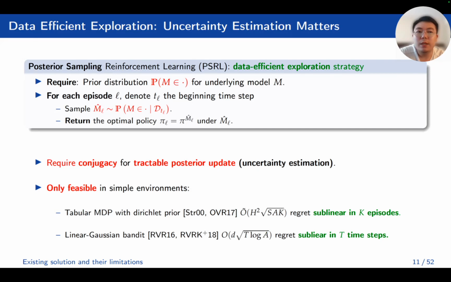It will update it as a posterior and then sample a model from the posterior and act greedily according to this sampled model. And this is basically the scheme of posterior sampling.